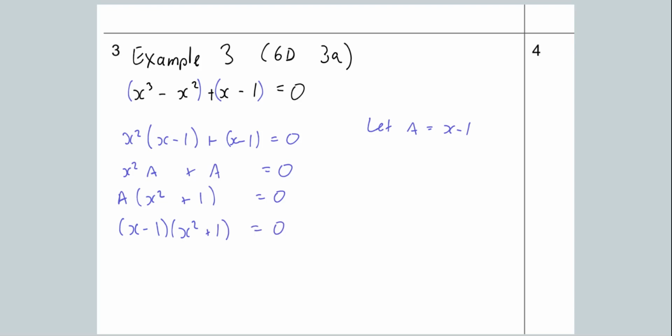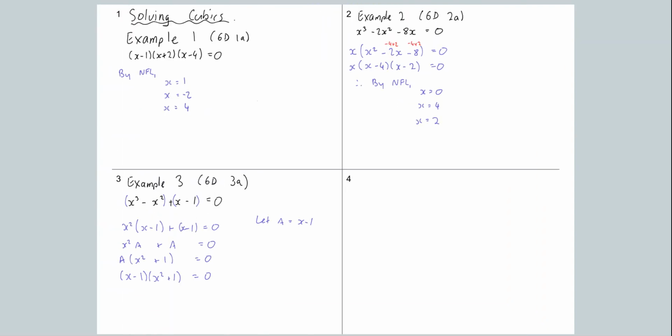Now, by the null factor law, I'll zoom out so you can see it. I'm going to have x minus 1 is equal to 0, which gives me x equal to 1. That's easy enough. But the other factor is x squared plus 1 is equal to 0.